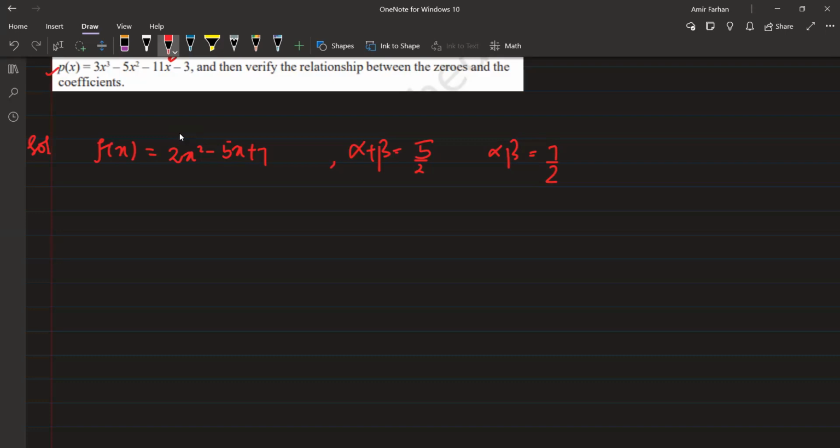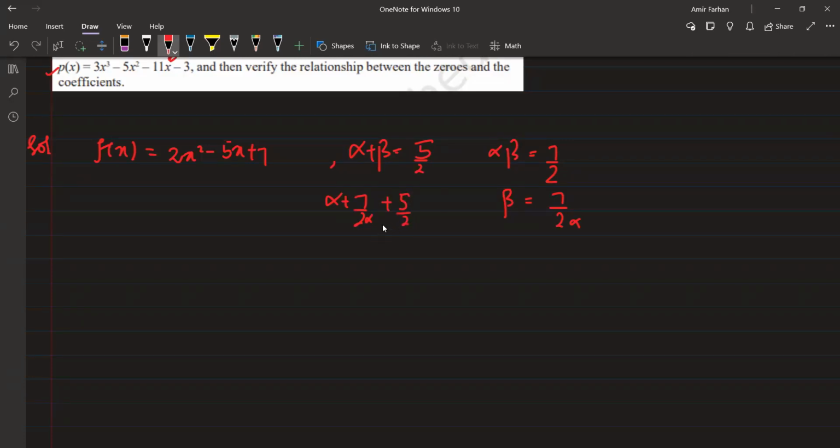Okay, but tell me, can we do one thing as well? If you have to directly find out the specific values of alpha and beta, tell me, can I write beta as 7 by 2 alpha? Yes, sir. That is the substitution method: alpha plus 7 by 2 alpha equals 5 by 2.